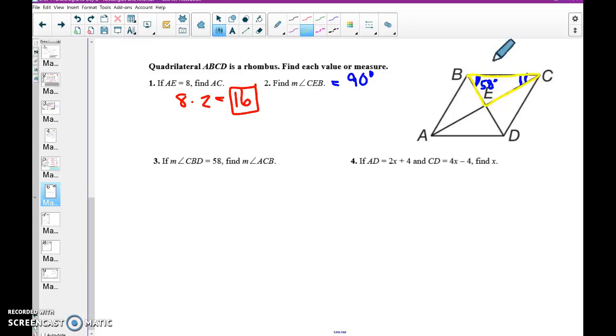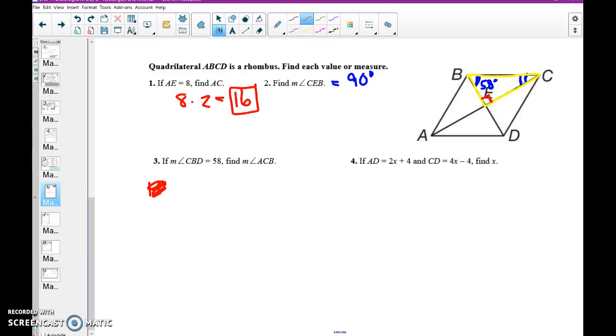Okay, now what do we know about triangles? And what do we know about all of their angles? They have to add up to 180 degrees. Well, I only know one right now, but do I know what this one is? Yeah, I should. I just figured it out over here. And even if I didn't, I should know that the diagonals of a rhombus cross at 90 degrees, which means that's also a 90. So all three of these have to add up to 180.